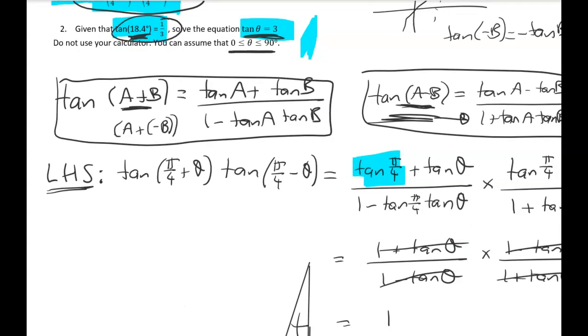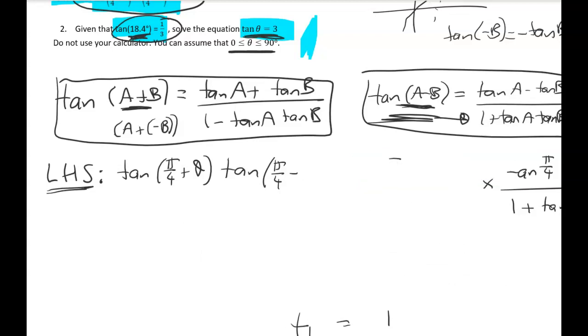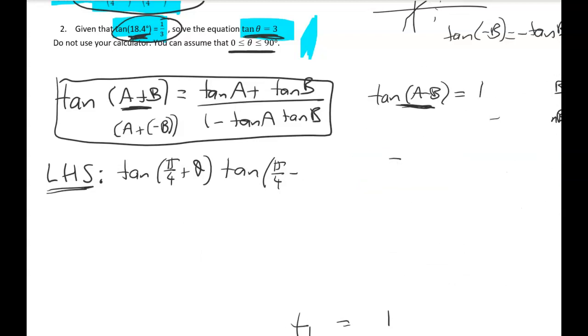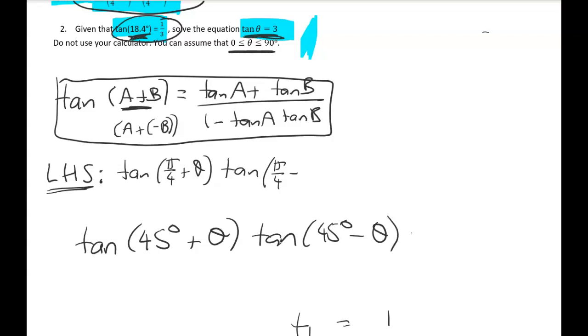The only benefit to looking at it this stupid long way is that I think it does reinforce some things about trig graphs. And what we're told here is that if we take the tan, working now with degrees, not with radians, if we've got tan of 45 plus some number times tan of 45 degrees minus a number, when we times those two things together, we get 1.